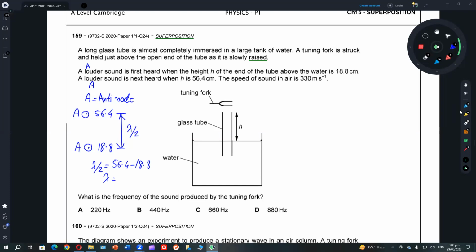It is coming 75.2 centimeters, the wavelength. And node to node is also lambda by 2. It's always there, na? Node to node or antinode to antinode.